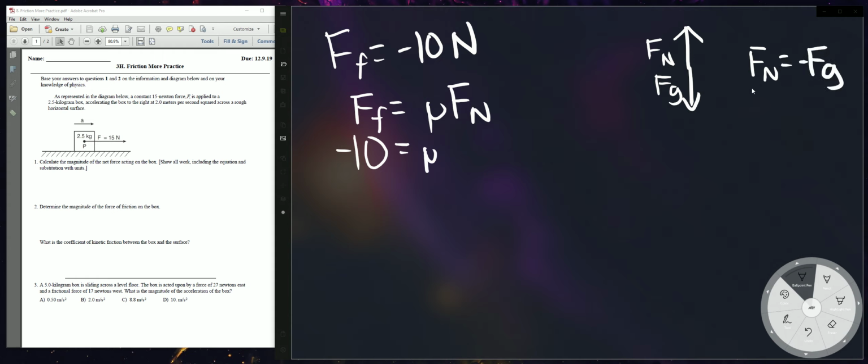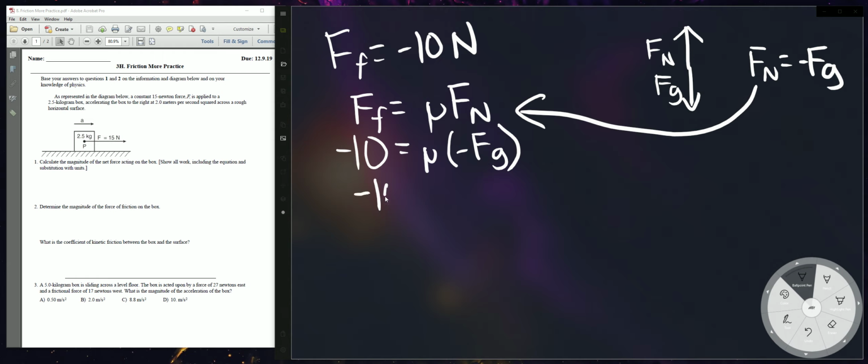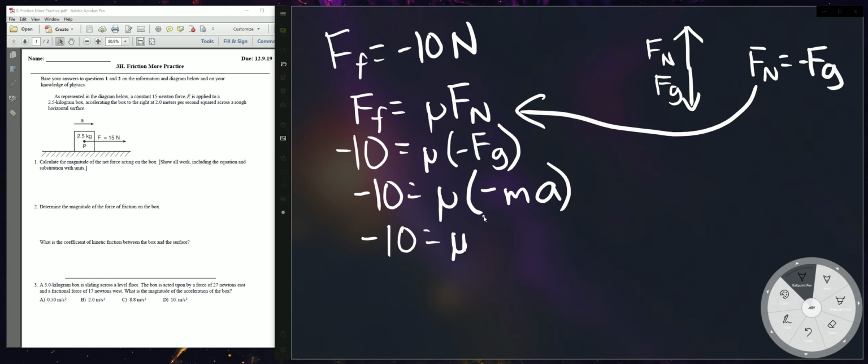So we're going to substitute Fn with negative Fg. Negative Fg is negative m a, and we know that mass is 2.5, negative 2.5, and my acceleration due to gravity is negative 9.8.